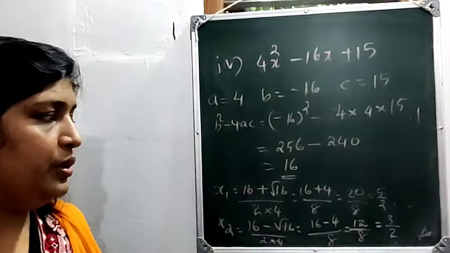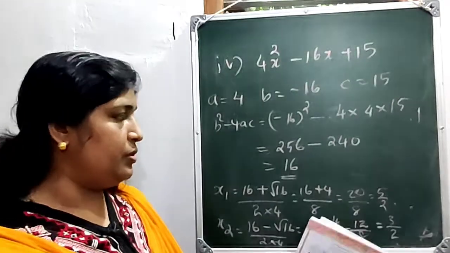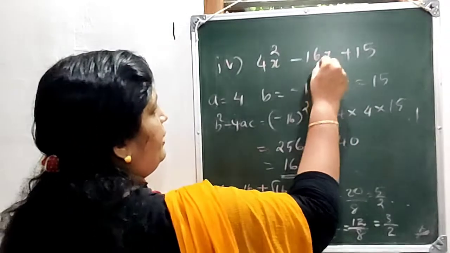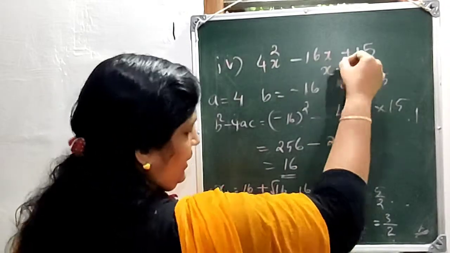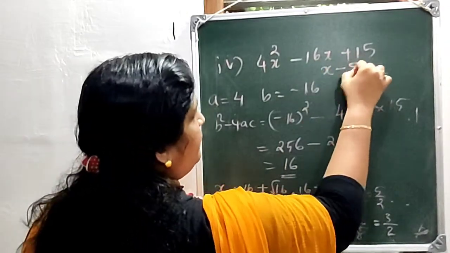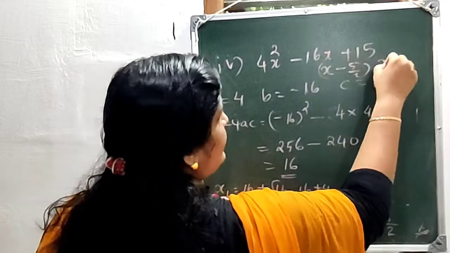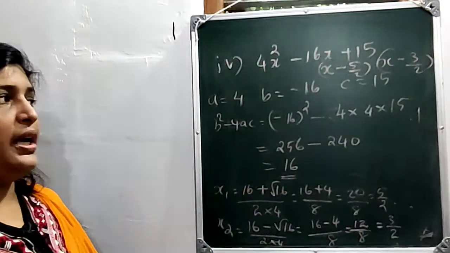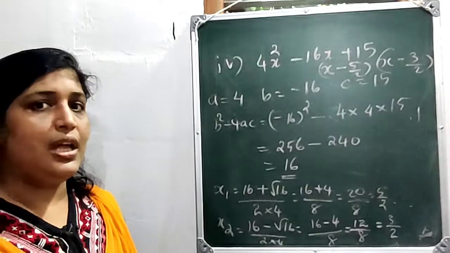Okay, 5 by 2 and 3 by 2. These two are the solutions. Then how do we find the factors? One factor is equal to x minus 5 by 2. Second one is x minus 3 by 2. Okay, x minus 5 by 2 and x minus 3 by 2.